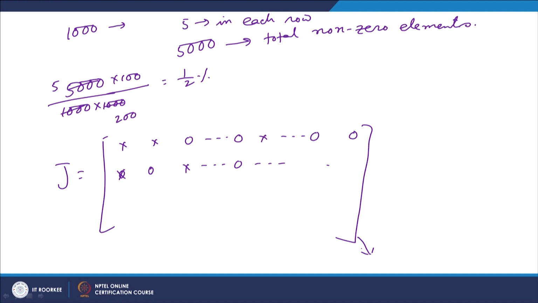So, what are we actually trying to do? When we are trying to solve J into delta x is equal to delta m, we are simply trying to solve a set of linear equations, and these are basically a highly sparse set of linear equations, right.